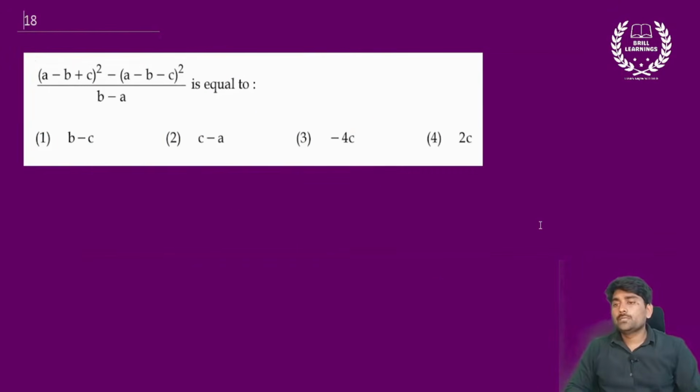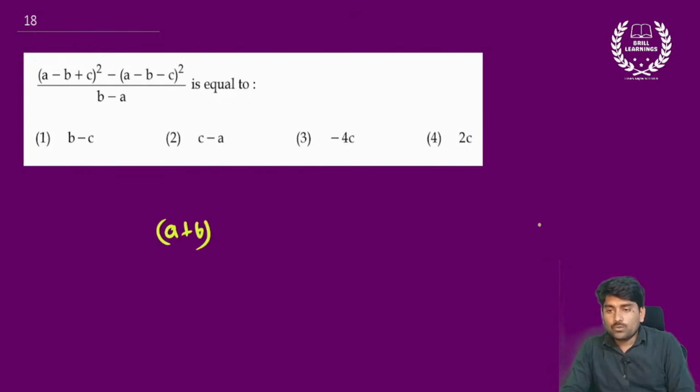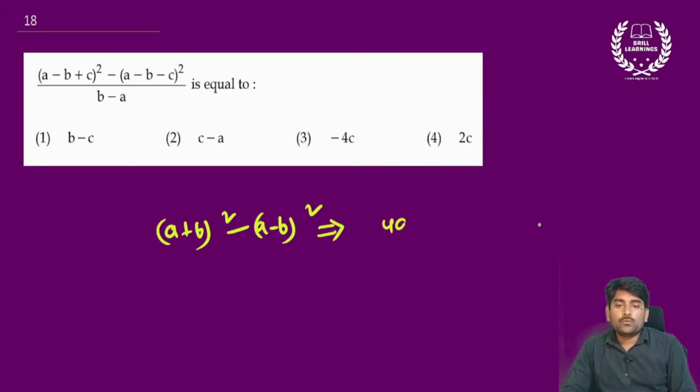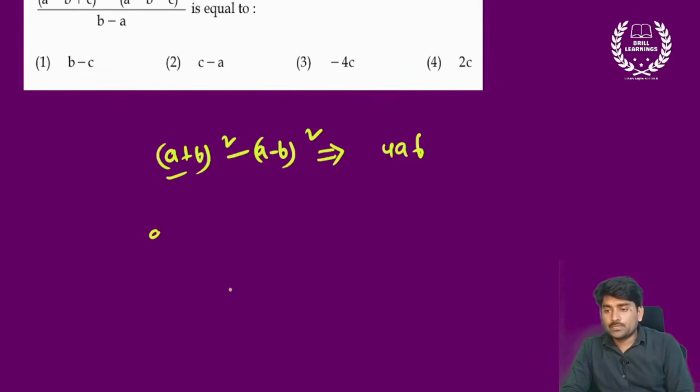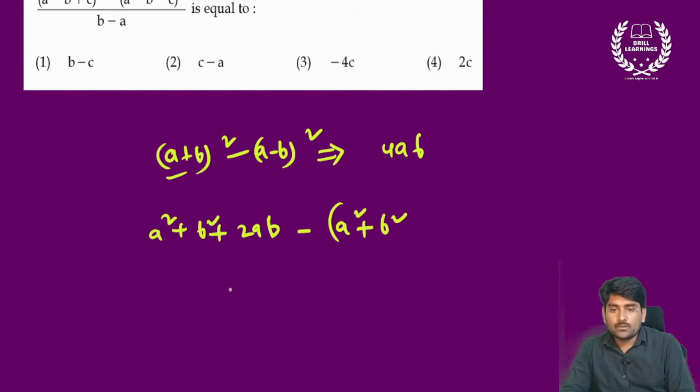(a minus b plus c) whole square minus (a minus b minus c) whole square. So if you know the formula of (a plus b) whole square minus (a minus b) whole square, which gives us 4ab. How is it? If I expand this expression, a square plus b square plus 2ab minus a square plus b square minus 2ab.